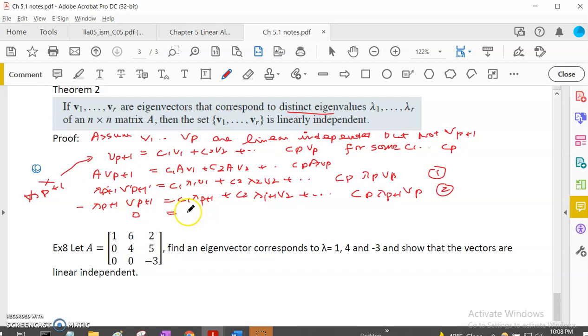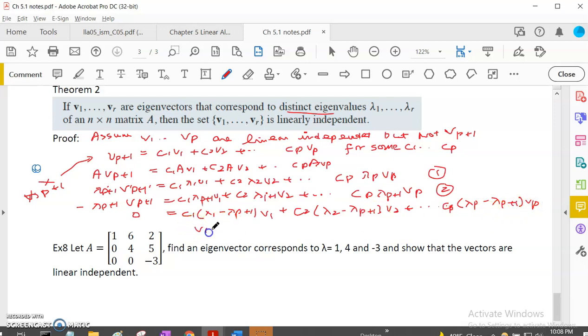These could be factored out as C1 times lambda 1 minus lambda p plus 1 times V1, plus C2 times lambda 2 minus lambda p plus 1 times V2, and so on, because that's what we multiplied. So that means Cp times lambda p minus lambda p plus 1 times Vp.